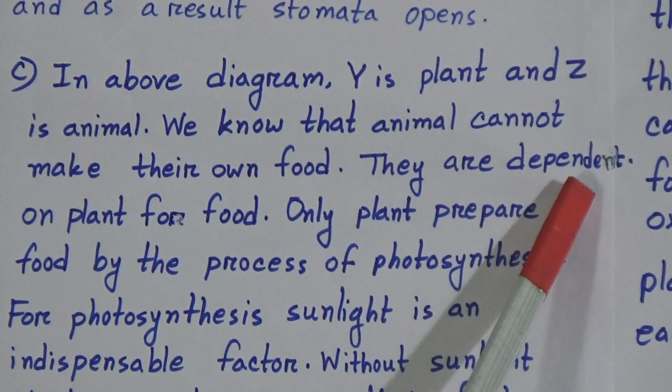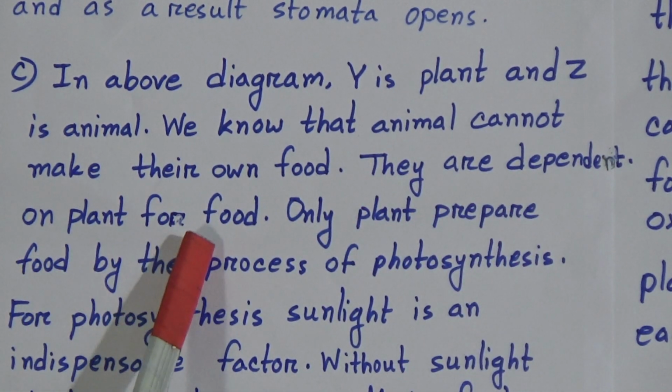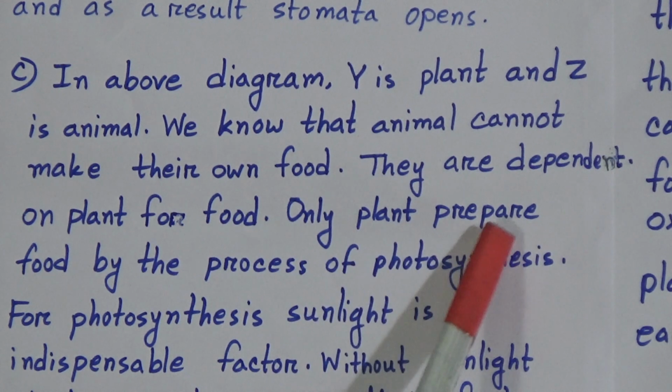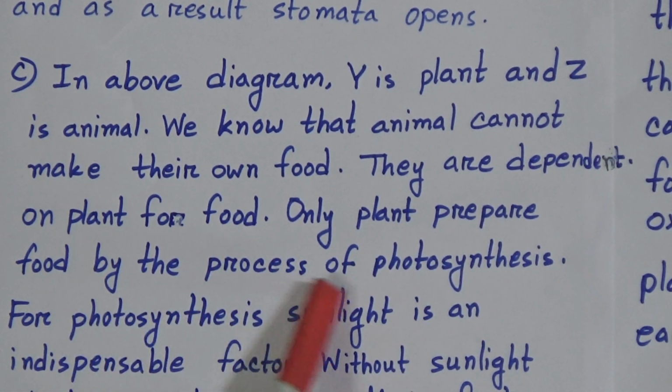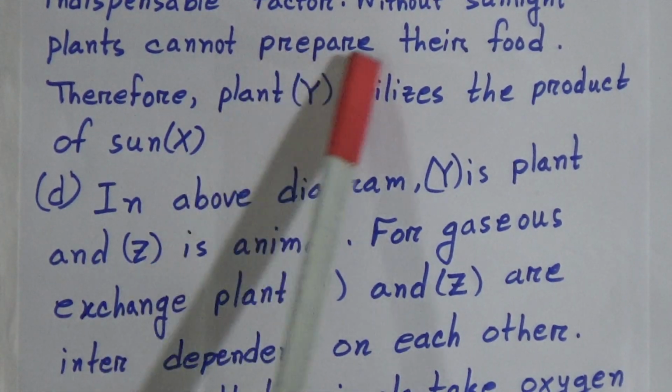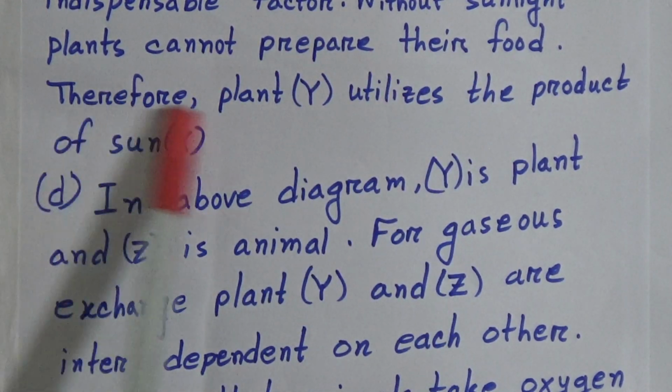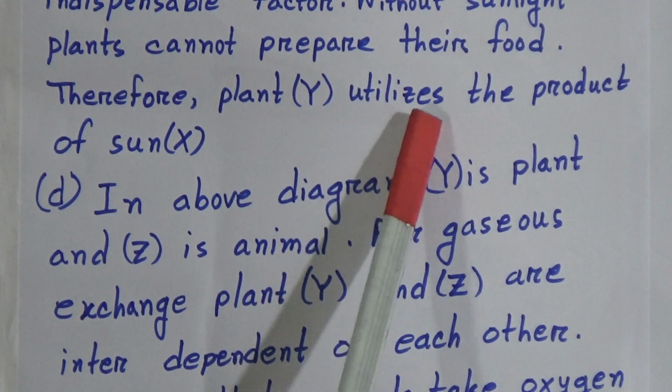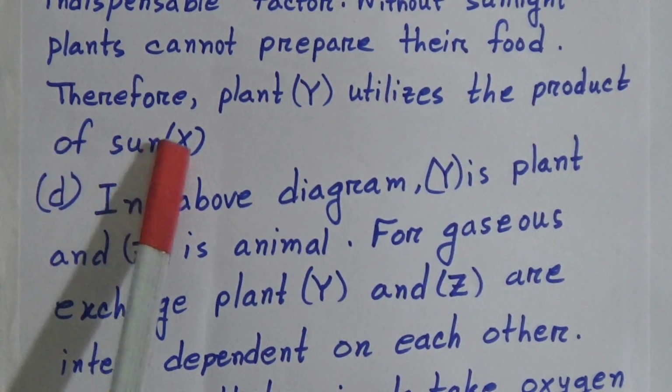They are dependent on plant for food. Only plant prepare food by the process of photosynthesis. For photosynthesis, sunlight is an indispensable factor. Without sunlight, plants cannot prepare their food. Therefore, plant Y utilizes the product of sun, X.